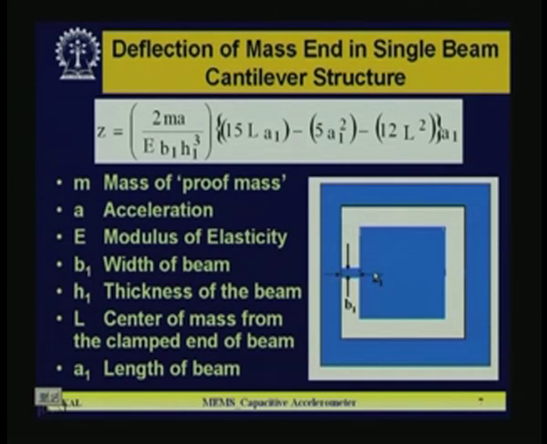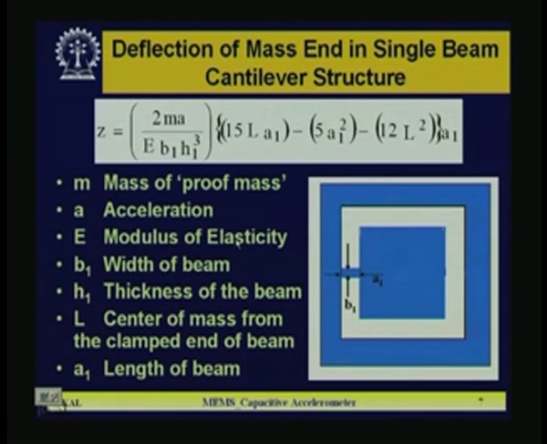So, the single flexure, its width is B1, its length, the cantilever, is A1, which is shown in the diagram, you can see here. So, A1 is the length, B1 is the width, and H1 is the thickness of the beam. So, A1, B1, H1 is known. M is the mass of the proof mass, the seismic mass in the center, and E is the modulus of elasticity, that I defined earlier.